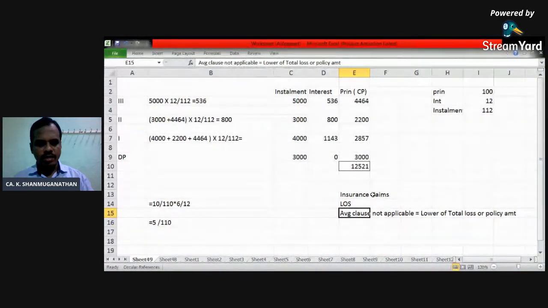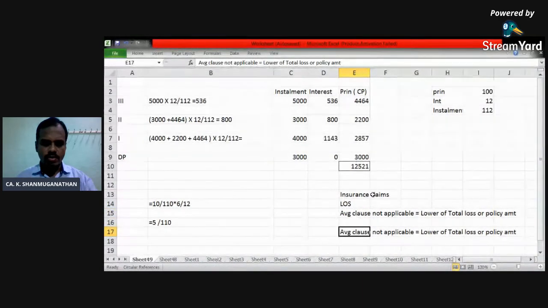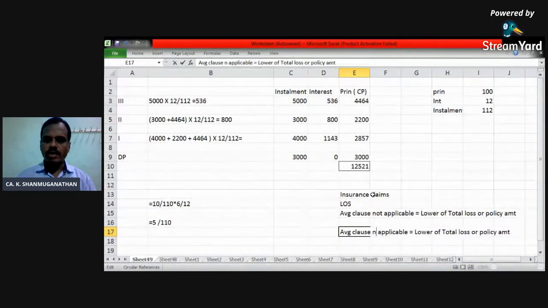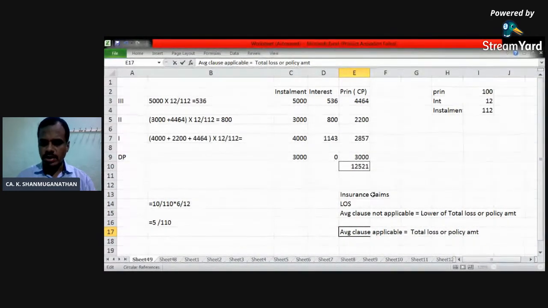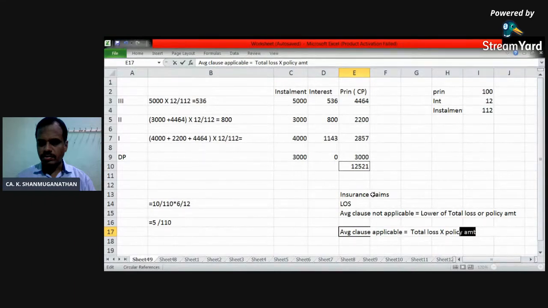If the average clause is applicable, then you have to adopt a formula. You cannot arrive at the claim like this. Claim equals total loss multiplied by policy amount, divided by total stock on the date of loss.